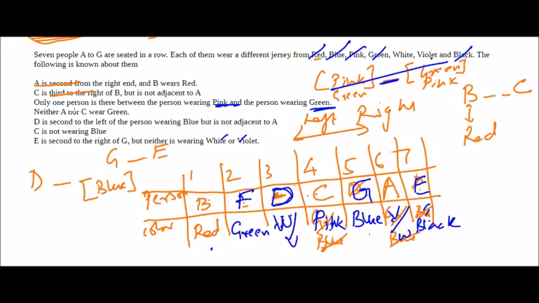Let me just check. C is not wearing blue. This is done. A is green. So except for D and A, whose colors are white or violet, one of them, we know the places and the color worn by each of them.